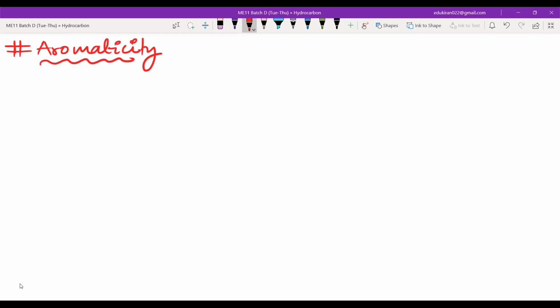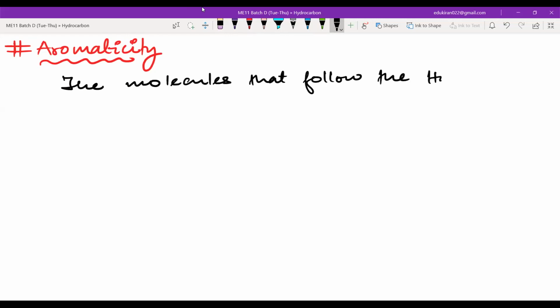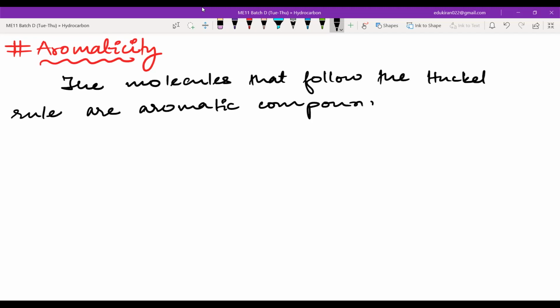You write here the first point, criteria for aromaticity. Right, the molecules that follow the Huckel rule are aromatic compounds.